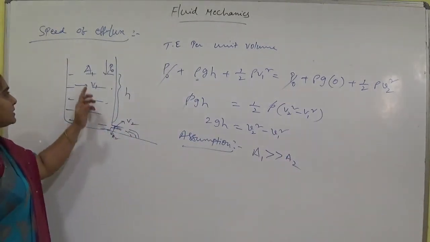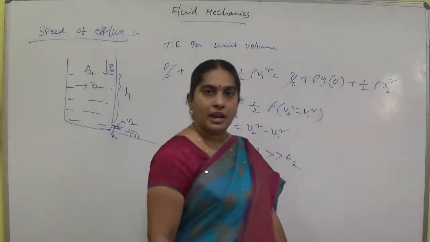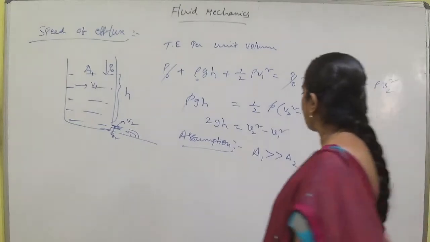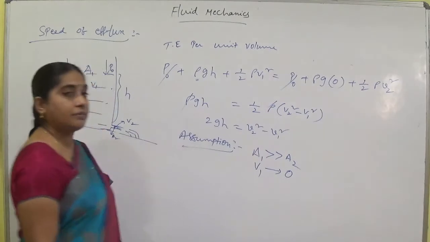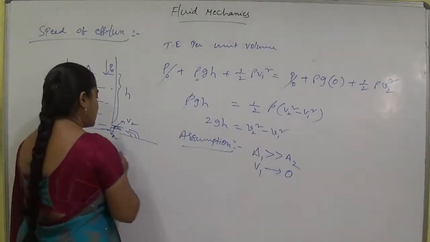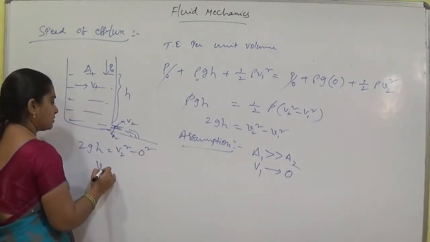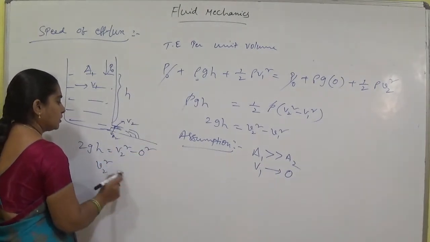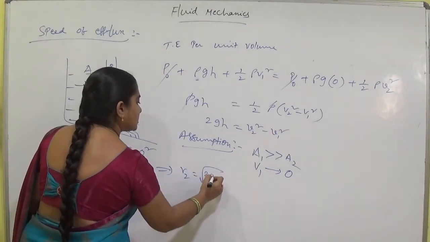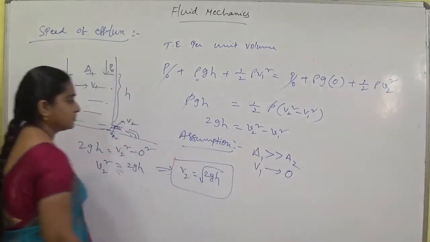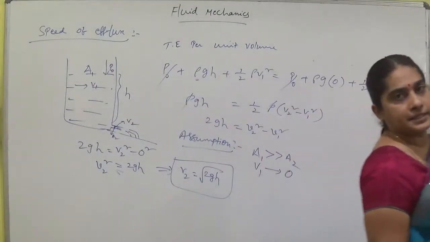When the area A1 is larger compared with A2, the velocity decreases, so V1 tends to 0. Then 2gh is equal to v2 square minus 0 square, so v2 square is equal to 2gh. So v2 is equal to root of 2gh.